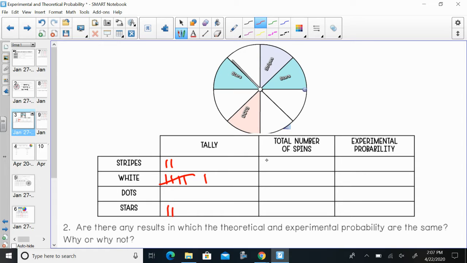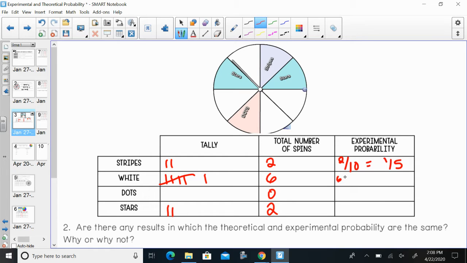That's where we're going to record our tallies. And again, double check that you did your experiment 10 times. And for this, you guys just watched me do it 10 times. And now we're just going to list our experimental probability. So I had a total of 10. For stripes, it landed on stripes 2 out of the 10 times. So that is 1/5 of the time.